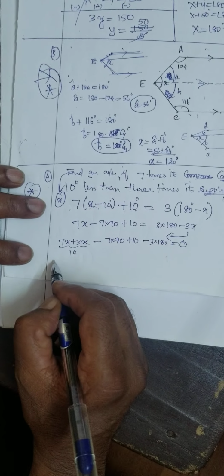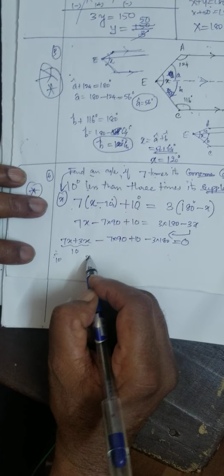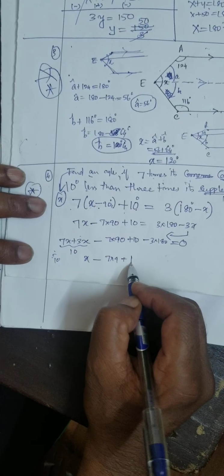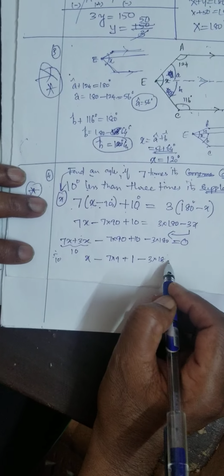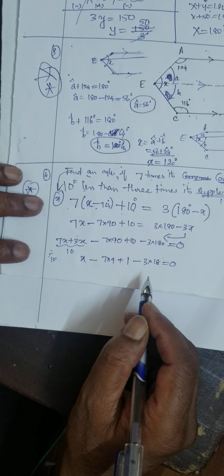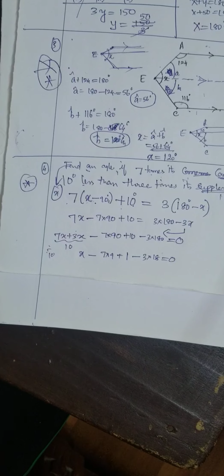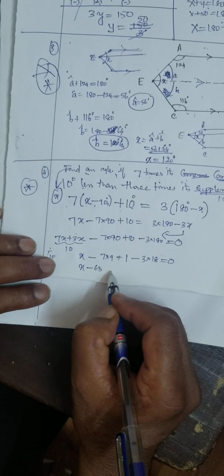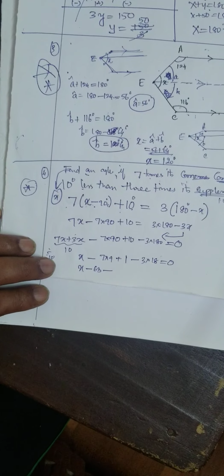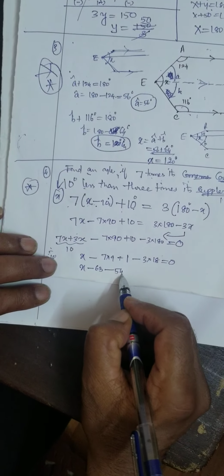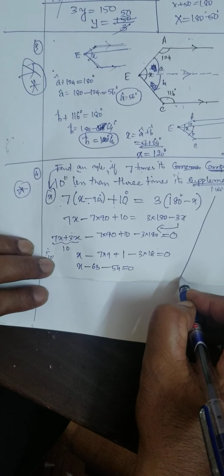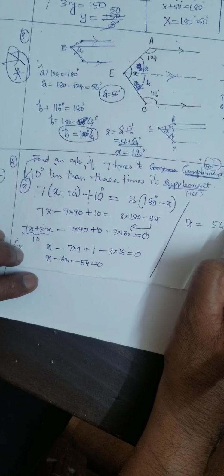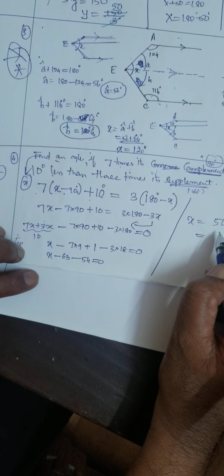Divide through by 10. Therefore x minus 63 minus 54 equal to 0. Therefore x is equal to 54 plus 63.